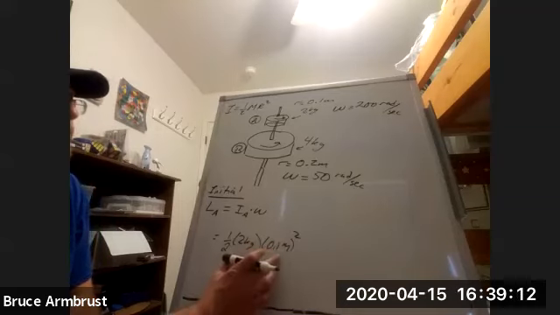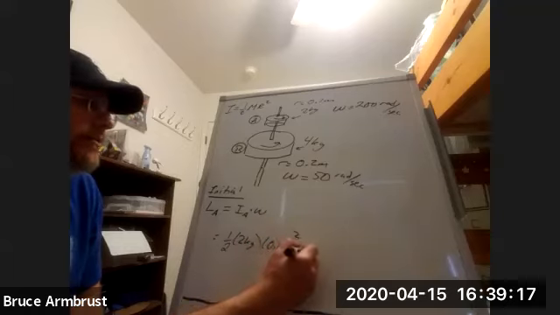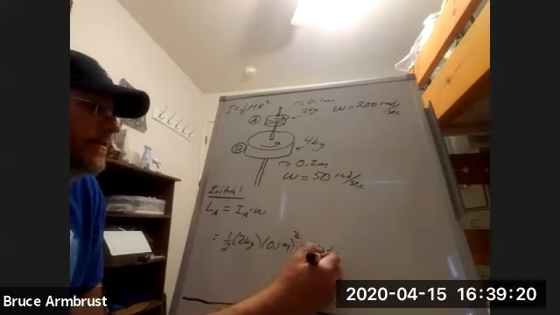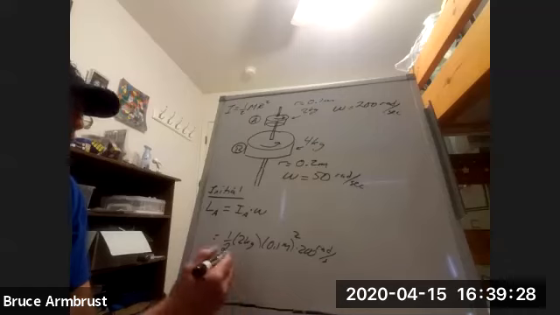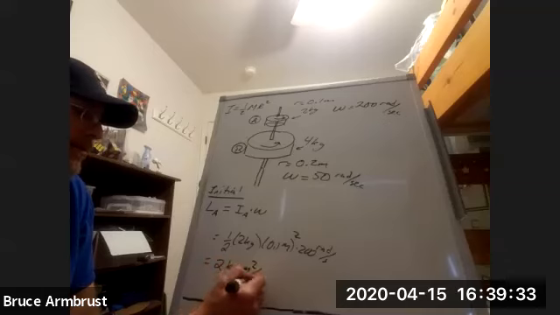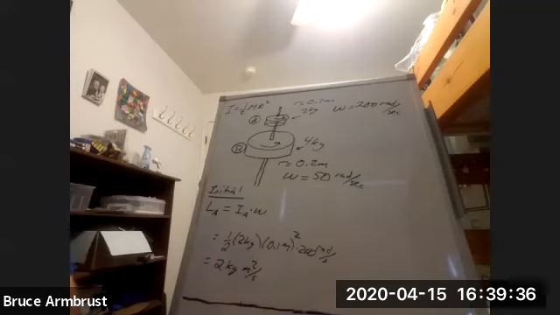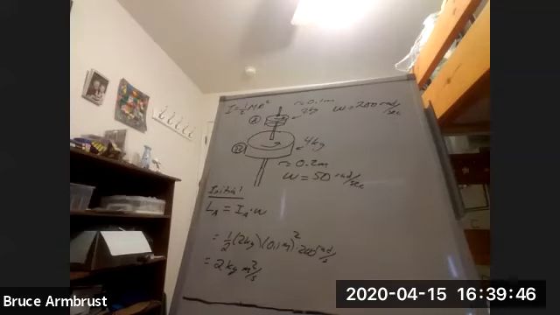That's our 1/2 mr squared, so that's I, and then times omega, which is 200. We can multiply those together, and I believe this gives us 2 kilogram meter squared per second. So that's how much angular momentum this little guy has.